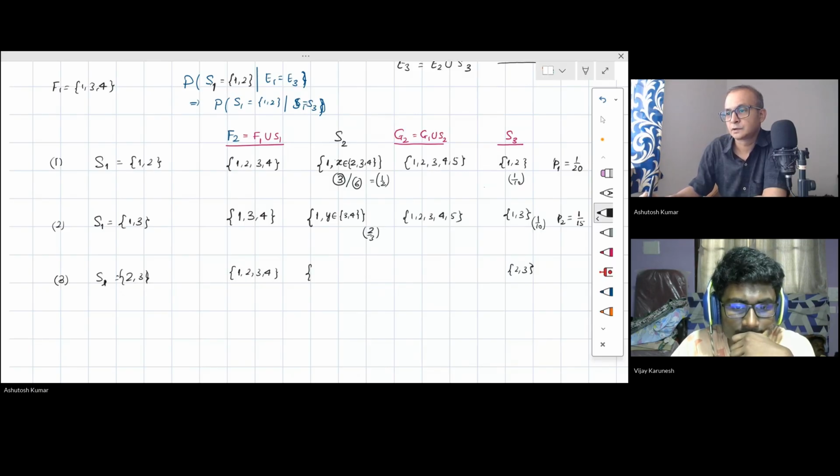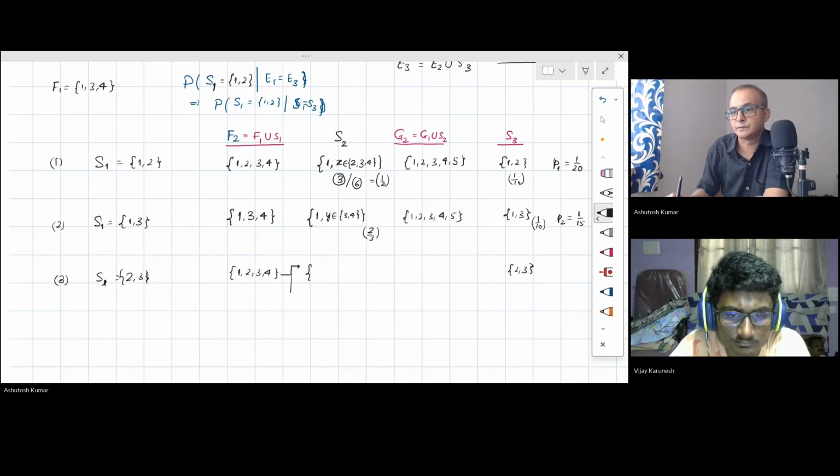The first case is we can have 1 in the set. The X comes from 2, 3, or 4. And the probability will be 1 by 2.